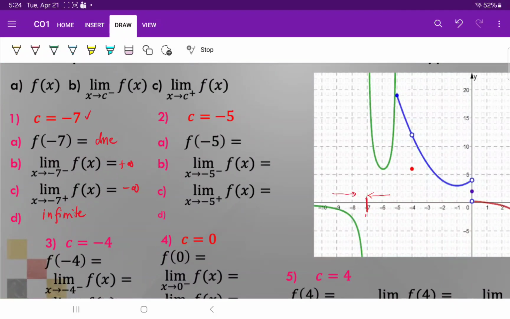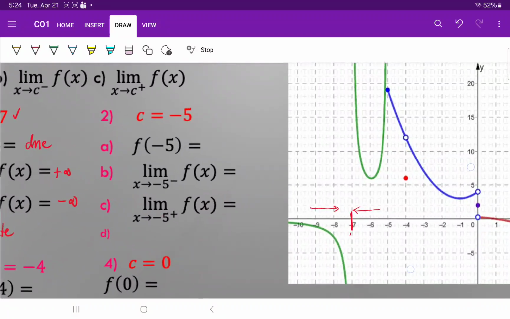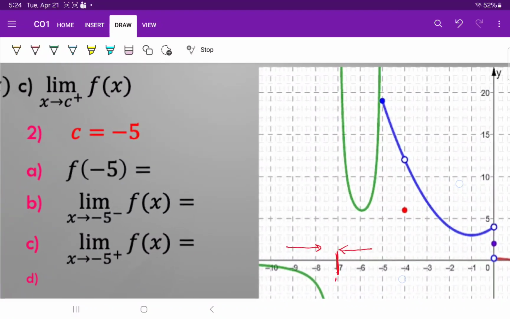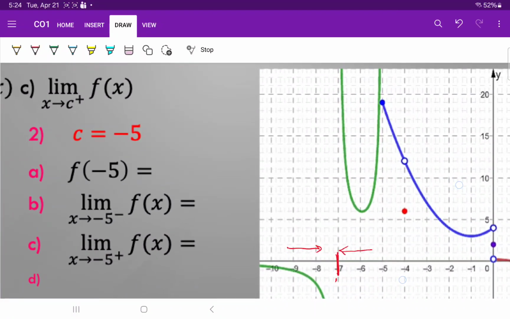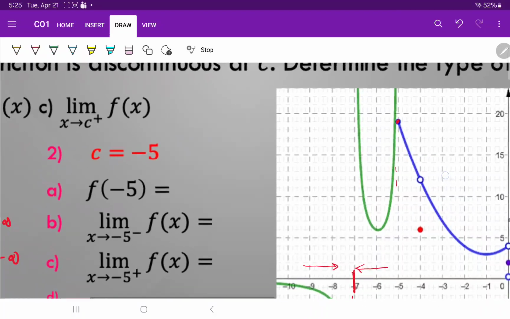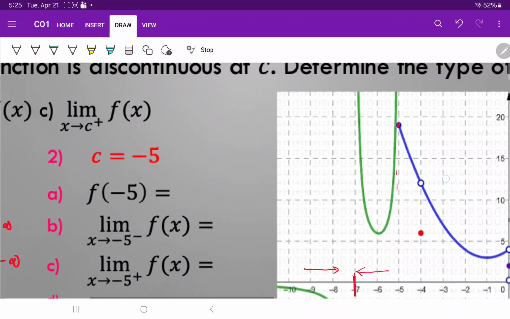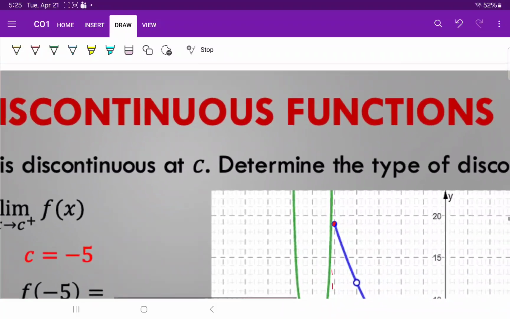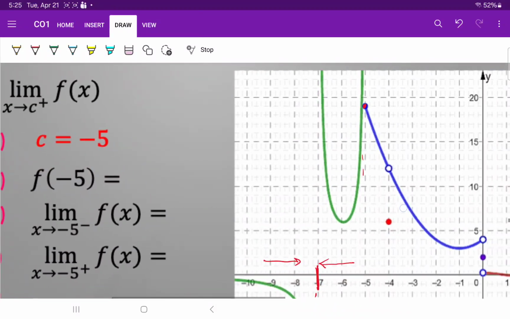At x equals negative 5. Again, what is f of negative 5? Do we have a value here? When c is negative 5, this one, negative 5. Although it's close here, we don't have a value here. F of negative 5 is what? Because this is a closed circle, let's just say it's 19.